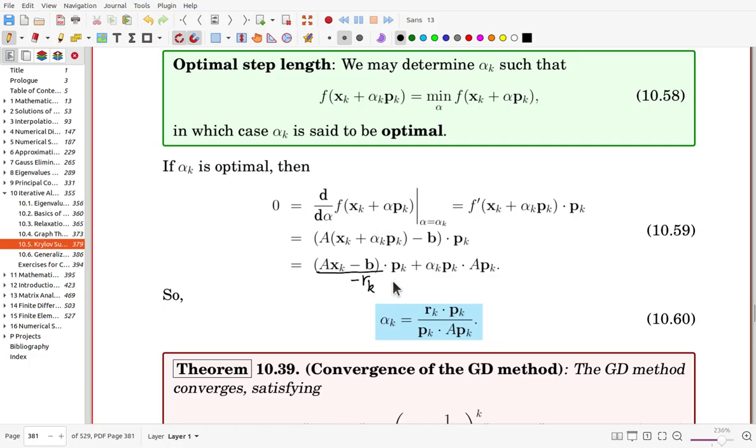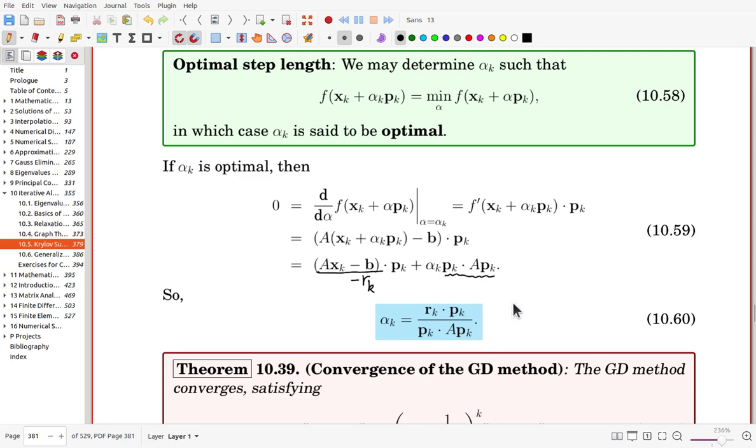So we move this one to the other side and divide by this scalar. So we reach at alpha k in this way. That is optimal. And this way of getting the step length is quite universal for almost all methods. They are taking alpha k by using this formula.